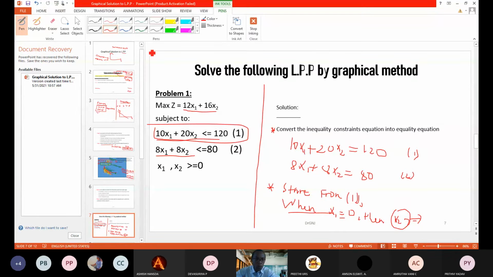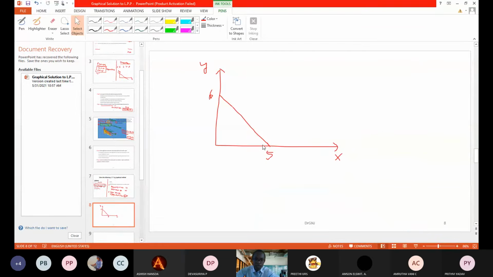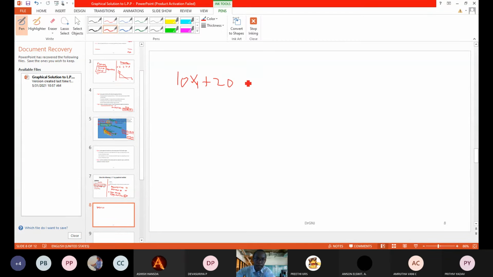For this equation, keep in mind, the first equation is 10x1 plus 20x2, which is equal to 120.